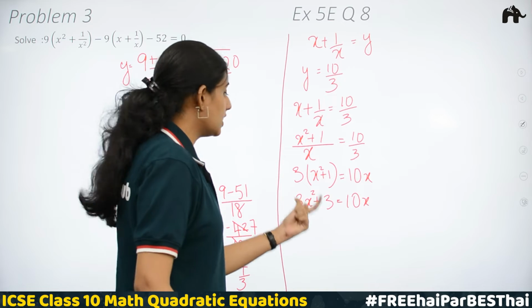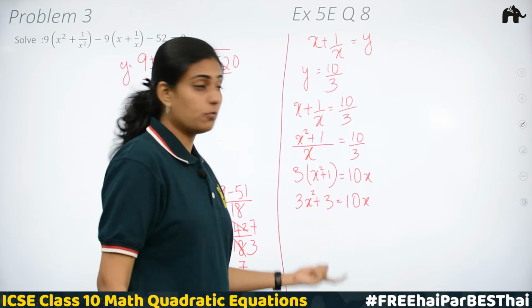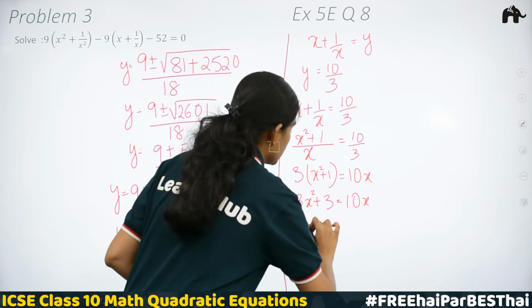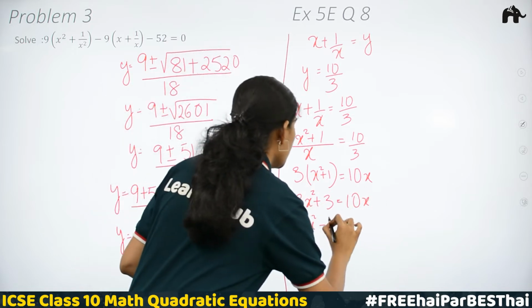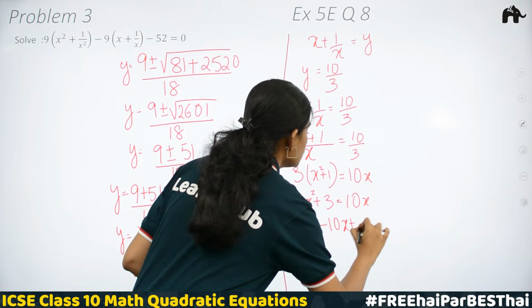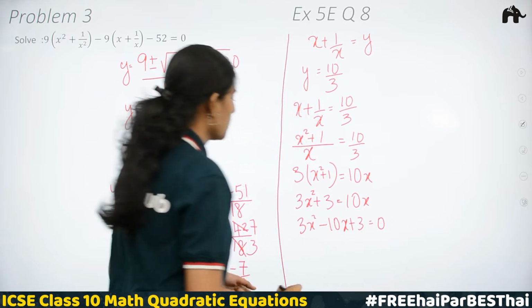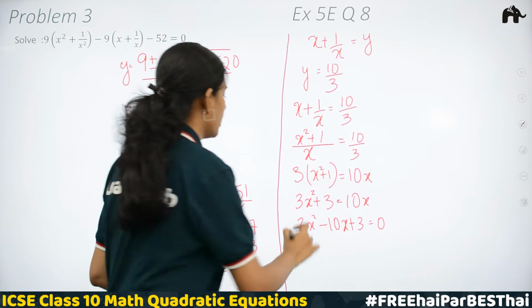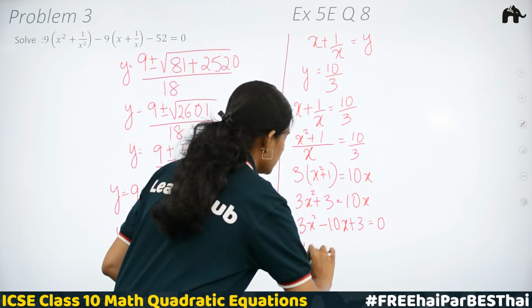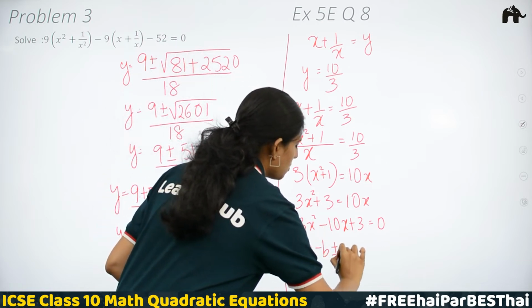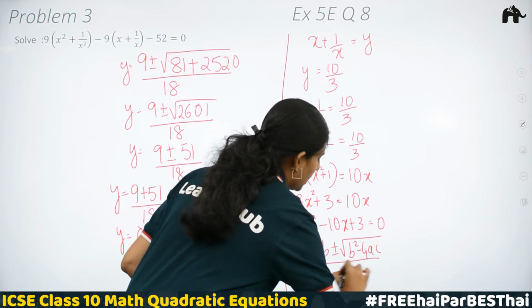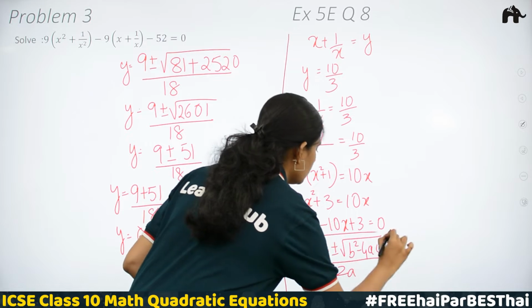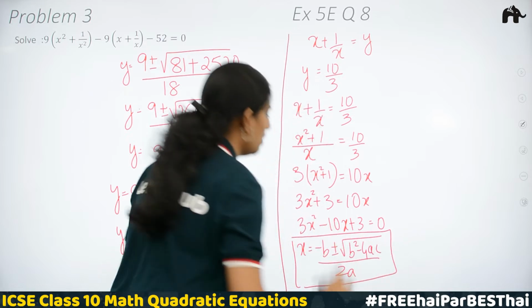Bring this to the left hand side to get the standard form of quadratic equation. 3x square plus 3 minus 10x, that is 3x square minus 10x plus 3 is equal to 0. Okay. Now solve this quadratic equation. X is equal to minus b plus or minus root of b square minus 4ac divided by 2a. In this equation, substitute values for a, b and c.